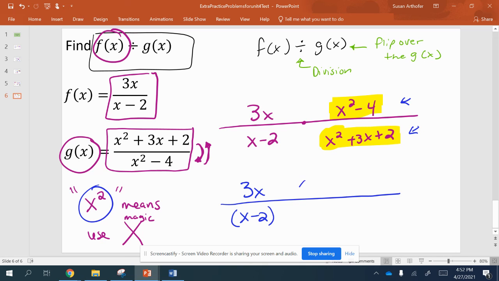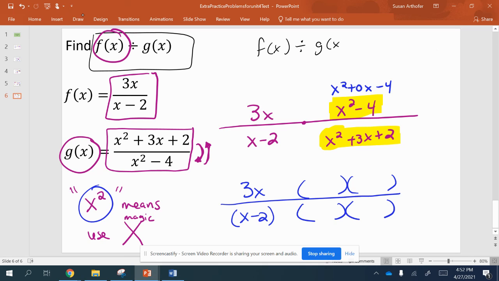So let's get started. When we do a magic x, we need two parentheses. Let's get started on the top with x squared minus 4. Remember, add in 0 into the middle when something is missing, because all magic x's need 3 pieces. We need some room here, so let me erase. When you don't have anything in the middle, you add in a 0x, right?